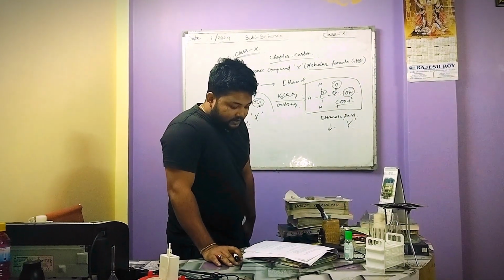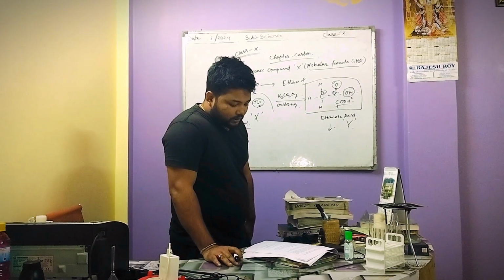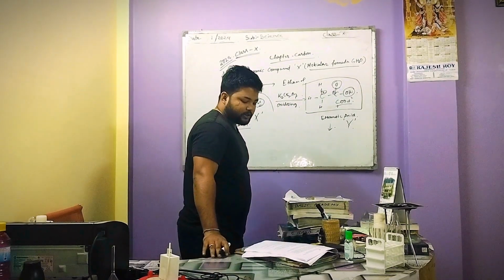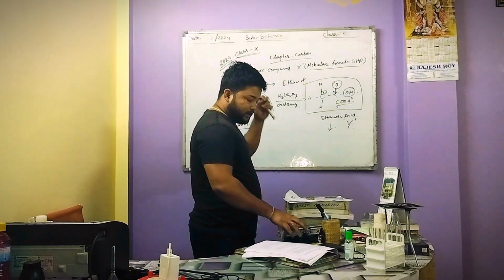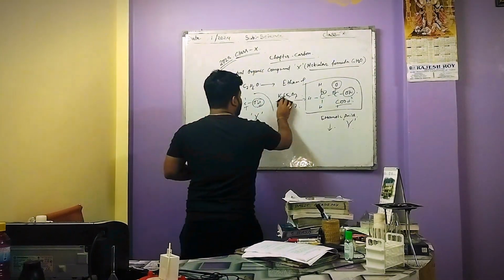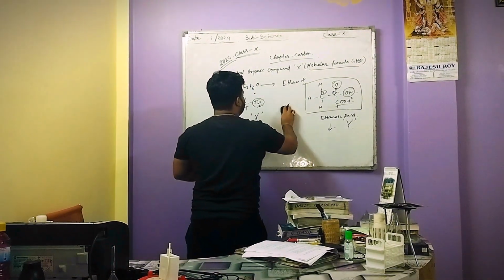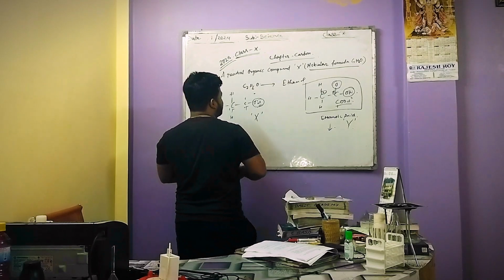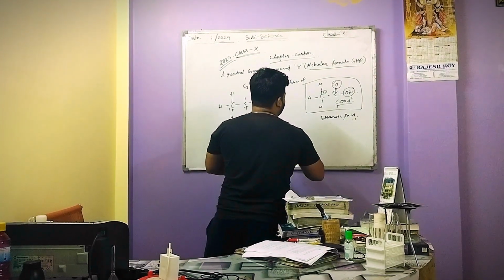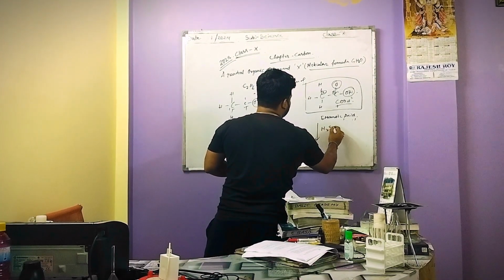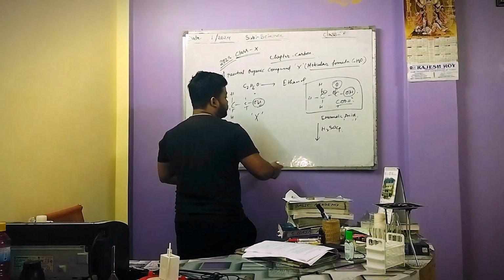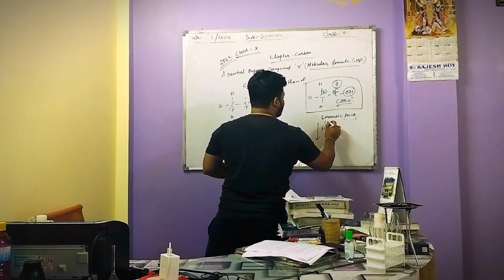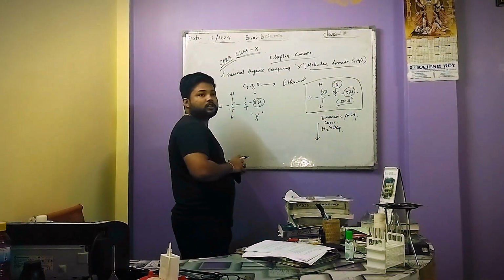Now X reacts with Y on warming in the presence of concentrated H2SO4. So let's see when these two react in the presence of sulfuric acid, concentrated H2SO4. What is the role of concentrated H2SO4?